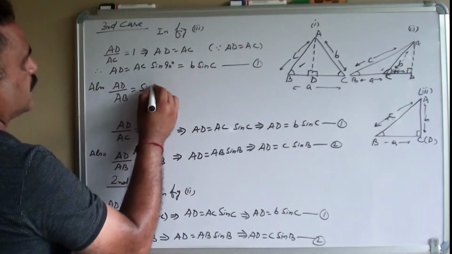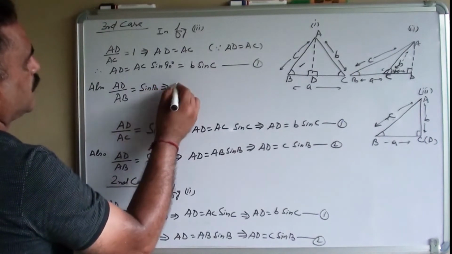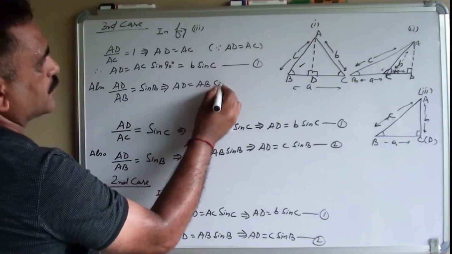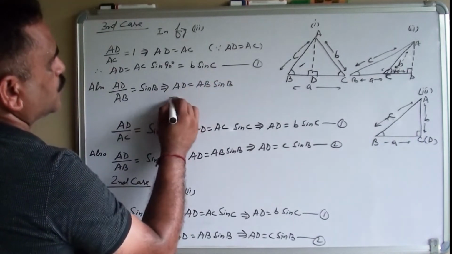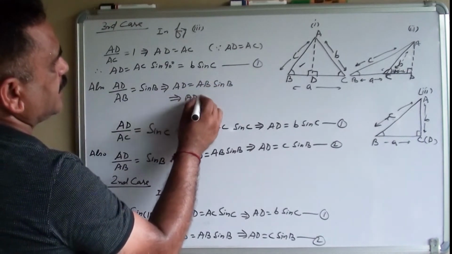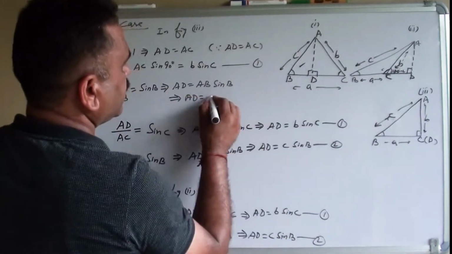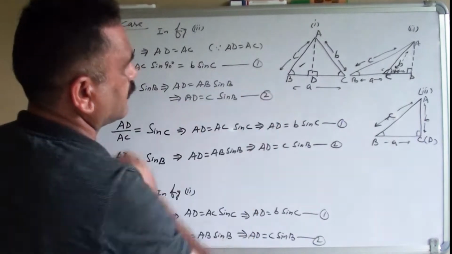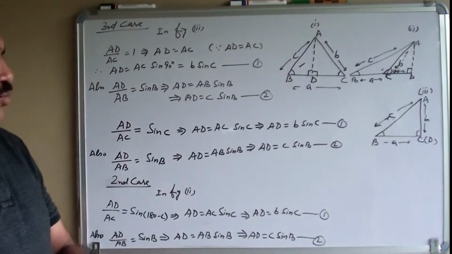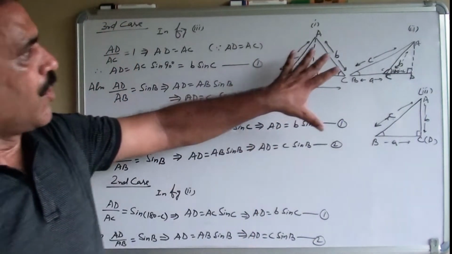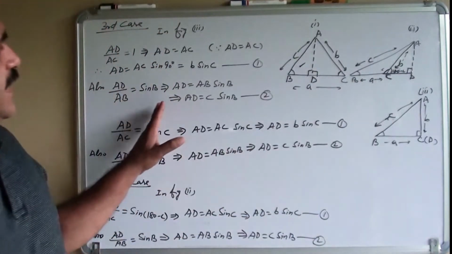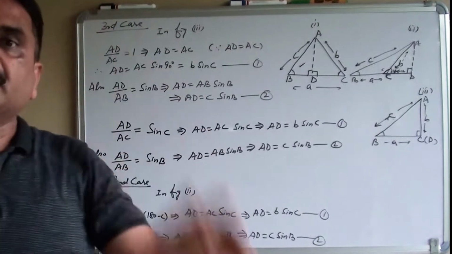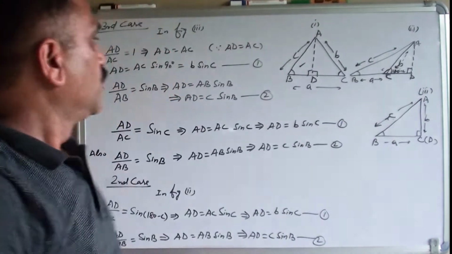So this implies AD is equal to AB sine of B, so AD is equal to C sine B. This is equation number 2. So we have seen for all three cases that AD is equal to either B sine C or AD is equal to C sine B.